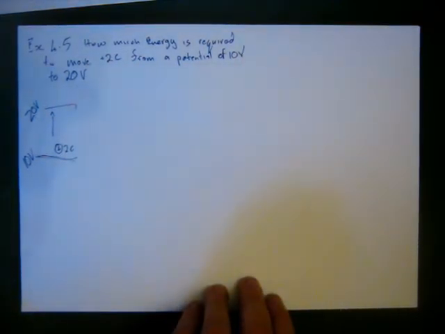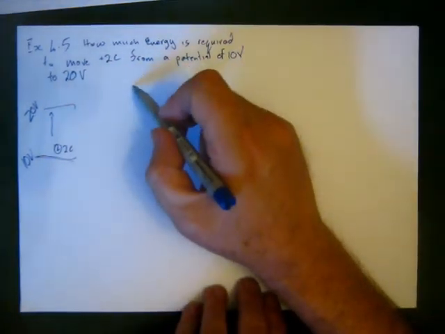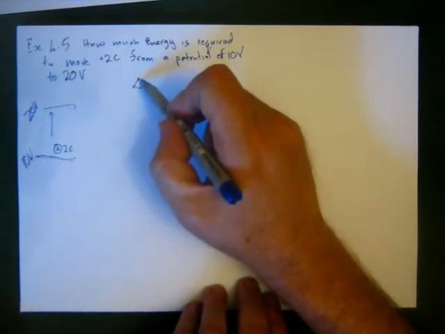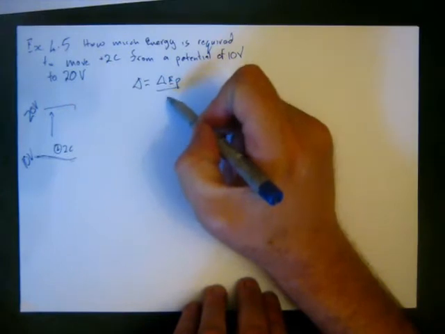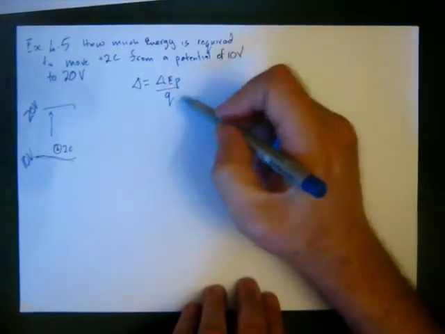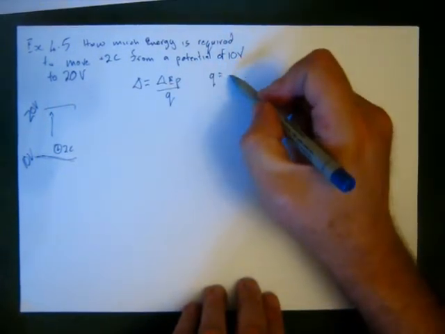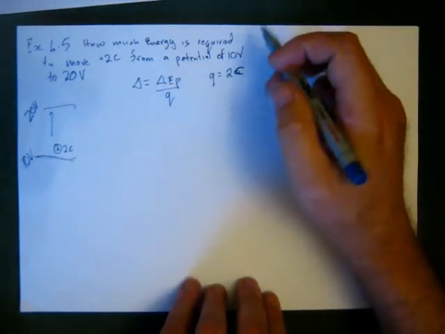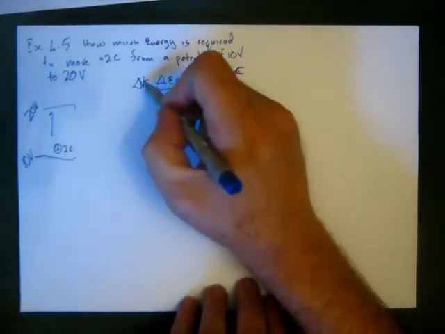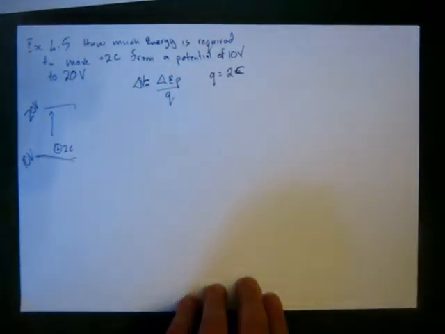Well, change in voltage equals change in EP over Q. We know what Q is. Q equals 2 coulombs, sorry, not 20 coulombs. We know what the change in voltage is.